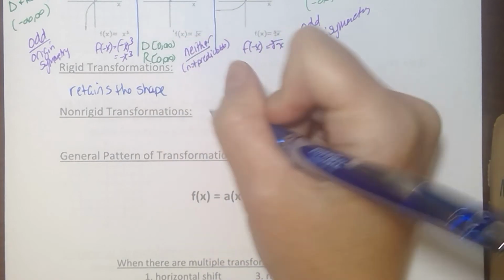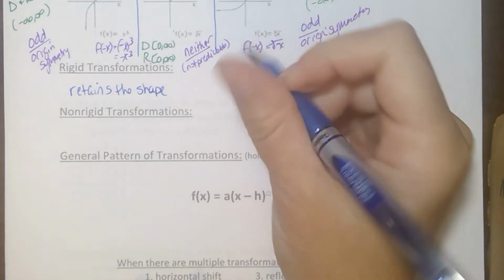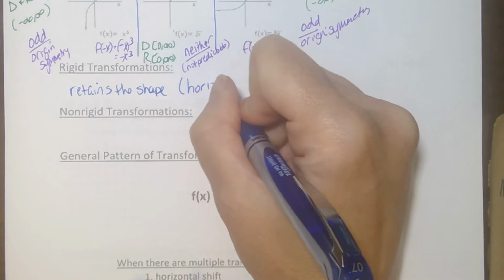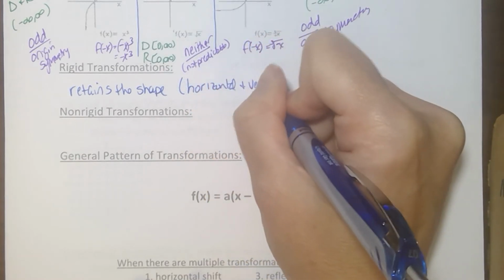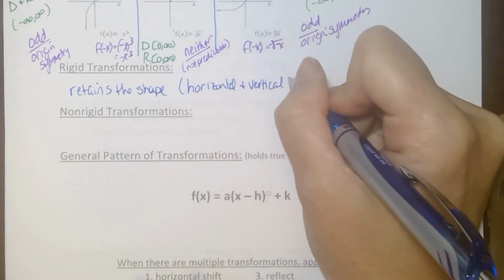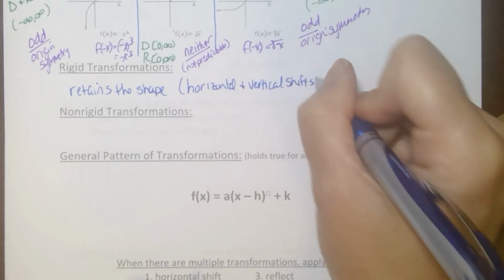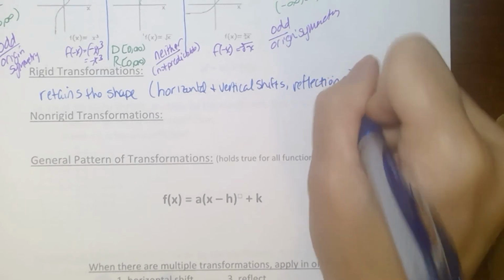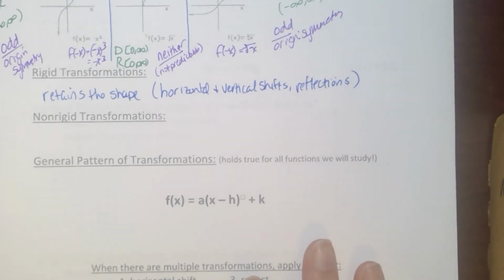It doesn't get any wider or flatter or anything else. Rigid transformations include my shifts, horizontal and vertical shifts, as well as reflections. If I just reflect it across the x or y axis, that's a rigid transformation.